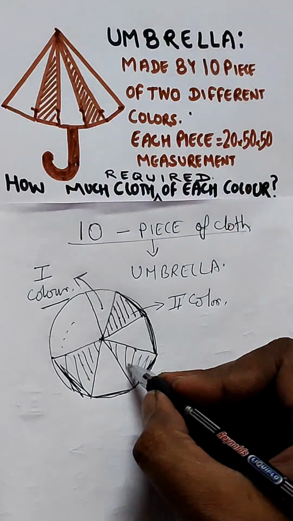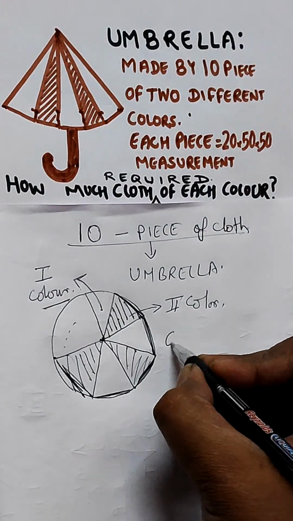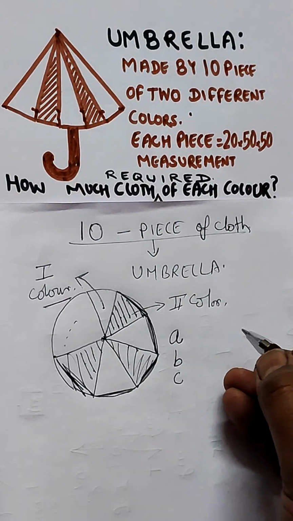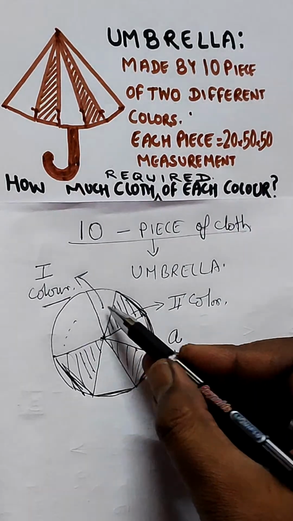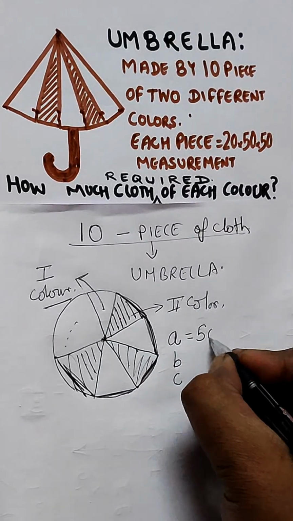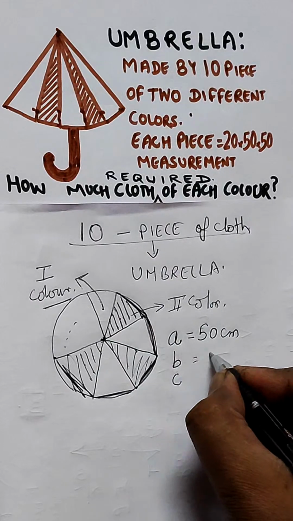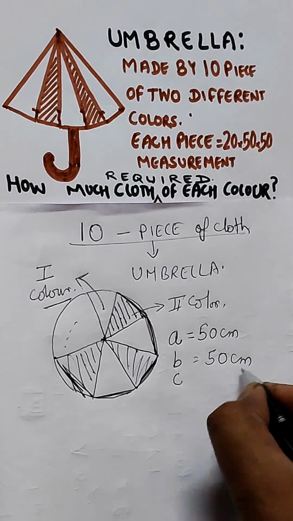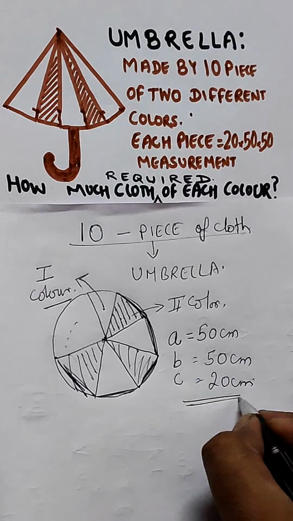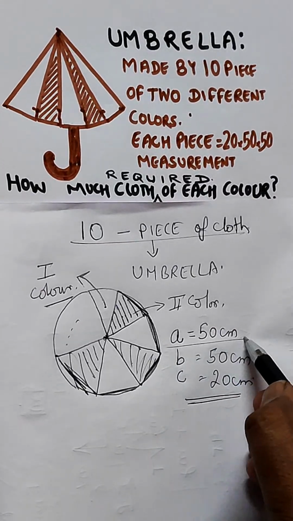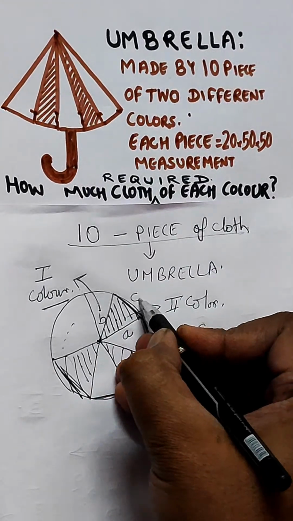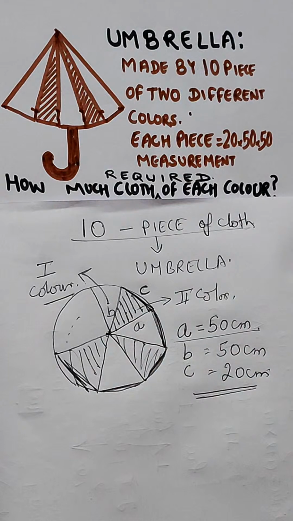So we can see the three sides, let it be A, B and C. So the three sides of any of these pieces are 50 centimeter, 50 centimeter and 20 centimeter. If this is A, this is B, then this will be C.